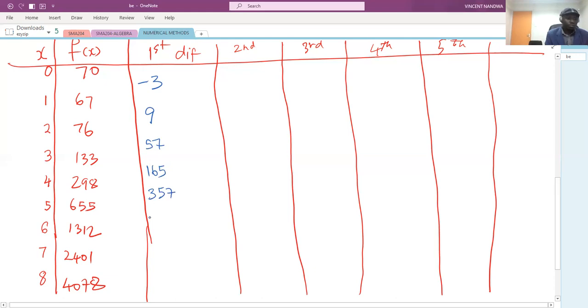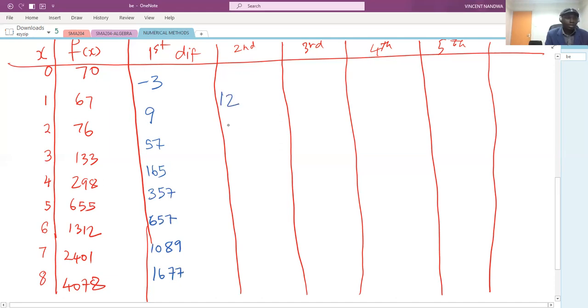Next value will be 657. Next will be 1089. And then next we'll have 1677.